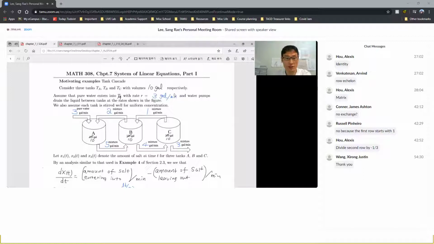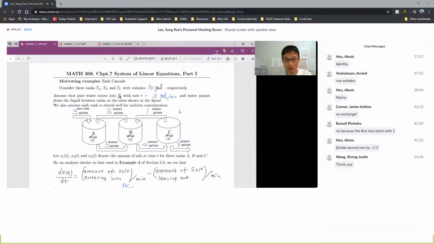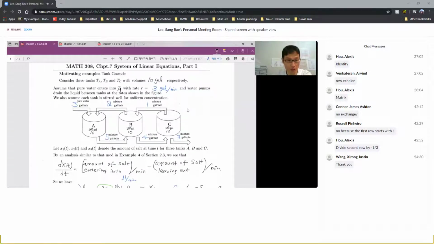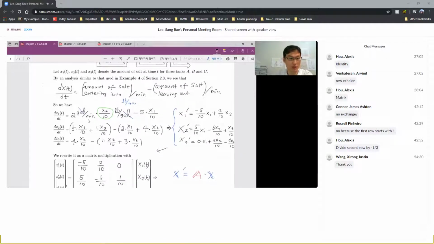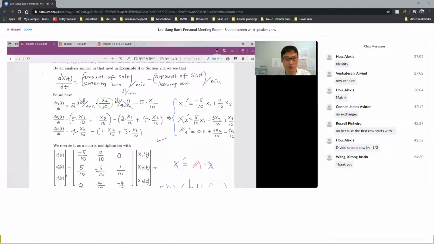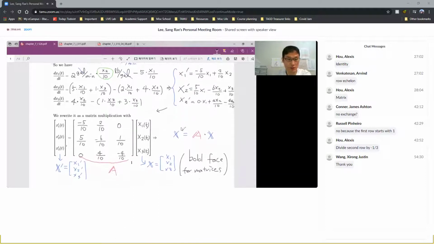So to understand this situation, we wanted to figure out how fast the salt amount changes in each tank. So we calculate the derivative, and then we form a system of linear equations like this, and then we expressed the system as matrix multiplication.